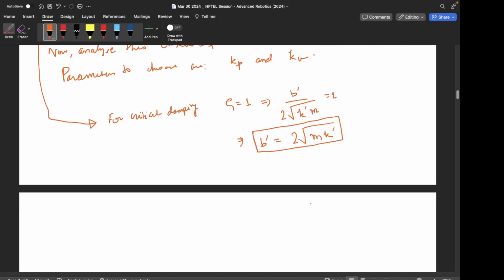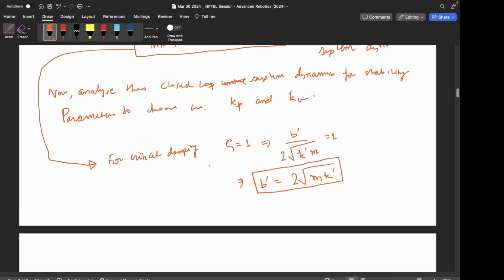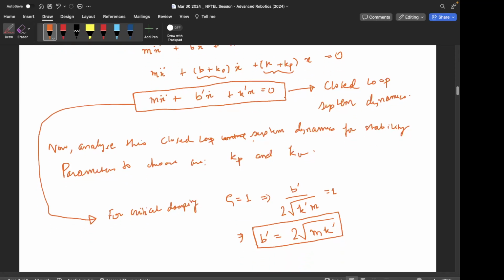Now the values of kp and kv that come out might be positive or negative, but the values of b dash and k dash should always be positive, because if b dash and k dash become negative, it can be very easily shown that the system will become unstable.